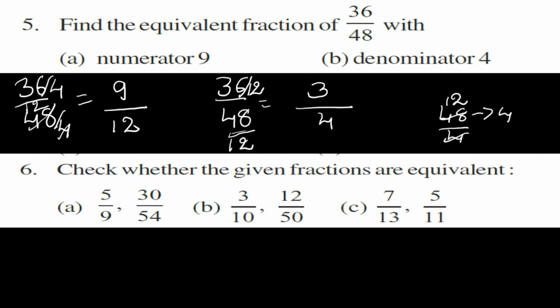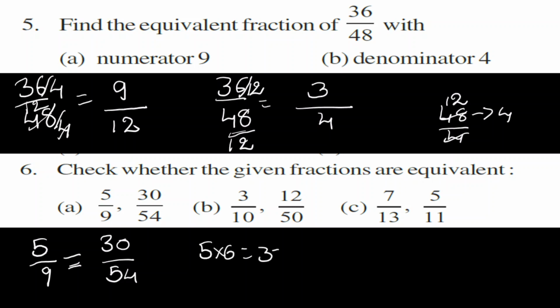And coming to the next one, check whether the given fractions are equivalent. Here we need to check whether the fractions are equivalent or not. You know that equivalent fractions are multiplied by the same number. Both the numerator and denominator should be multiplied by the same number. Here this 5 became 30. You know that 5 into 6 is equal to 30.